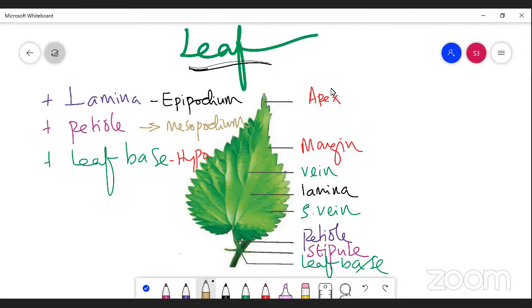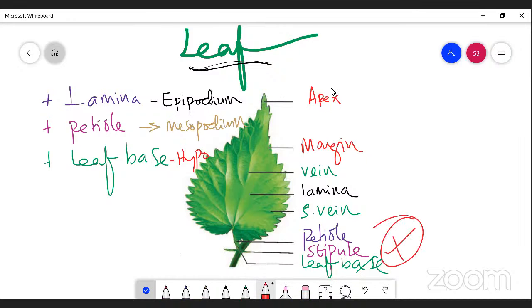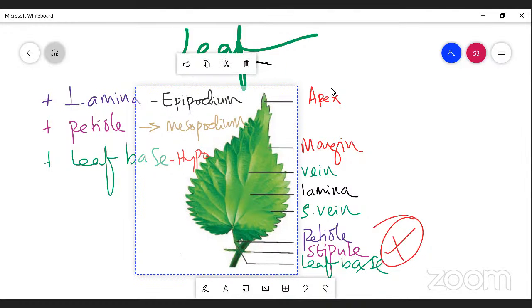Just below the leaf base, you find a pair of very tiny leaf-like structures, the stipules. My students, we are talking about this leaf base, right? When I show it diagrammatically, my dear students, you can understand.